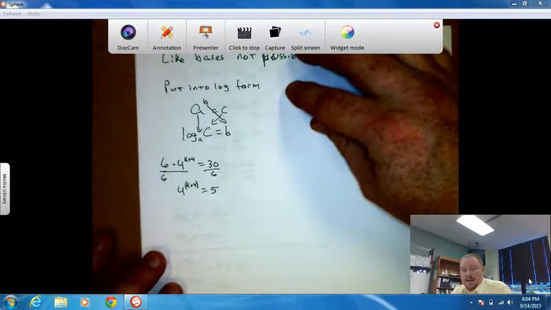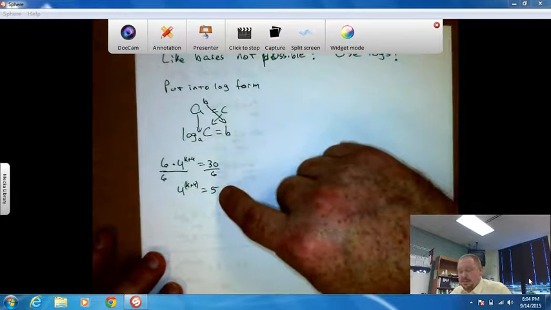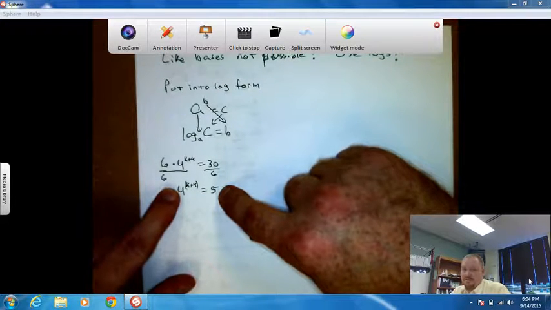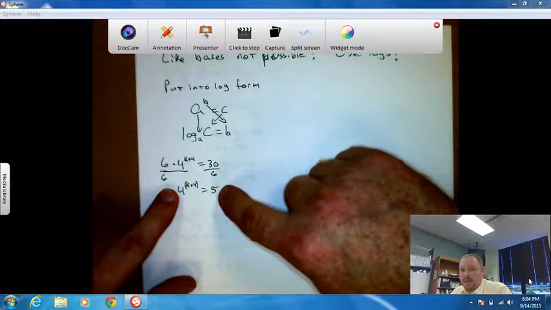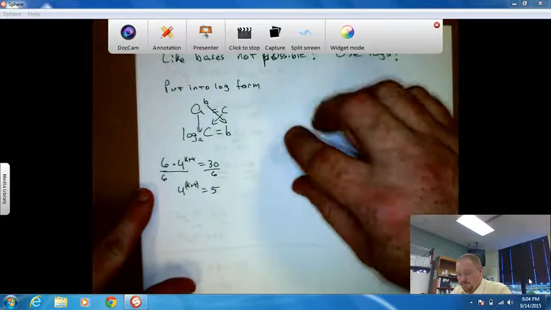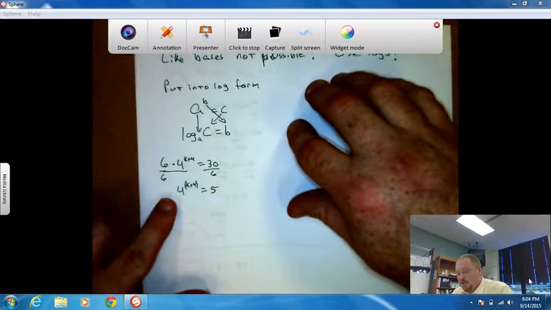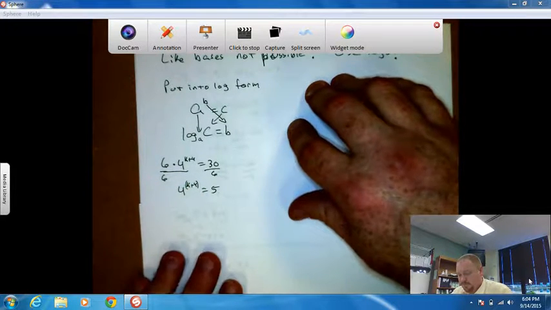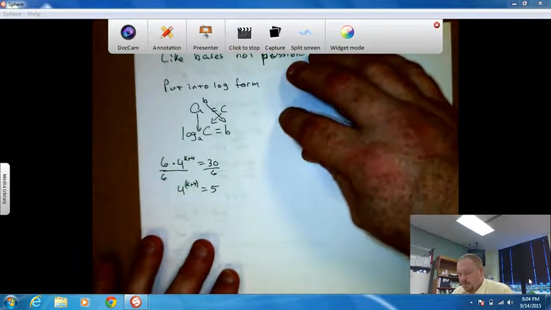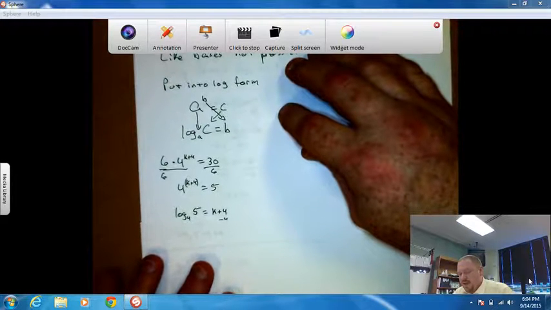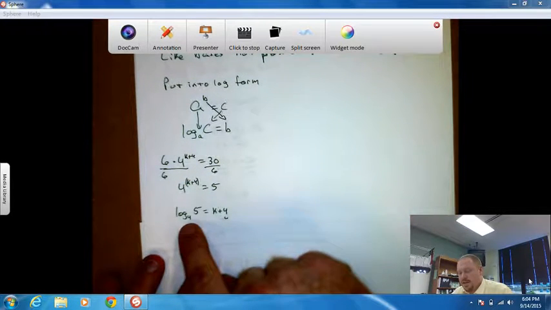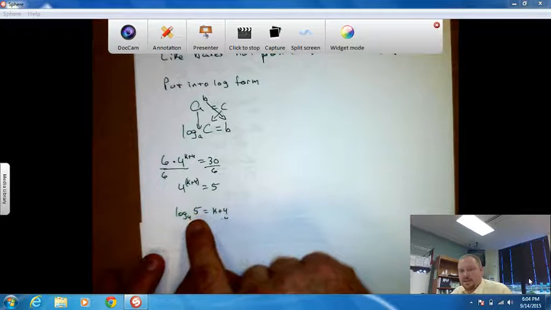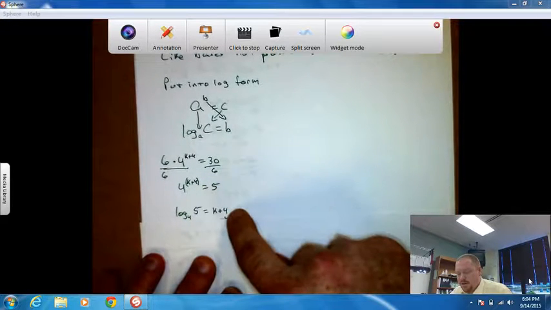Now, I cannot get the same base for 4 and 5. So that's when it's time to use a logarithm. You only use a log to get the variable out of the exponent. So I bring it straight down. The 4 becomes the base, the 5 goes inside the log, the exponent goes to what it equals.